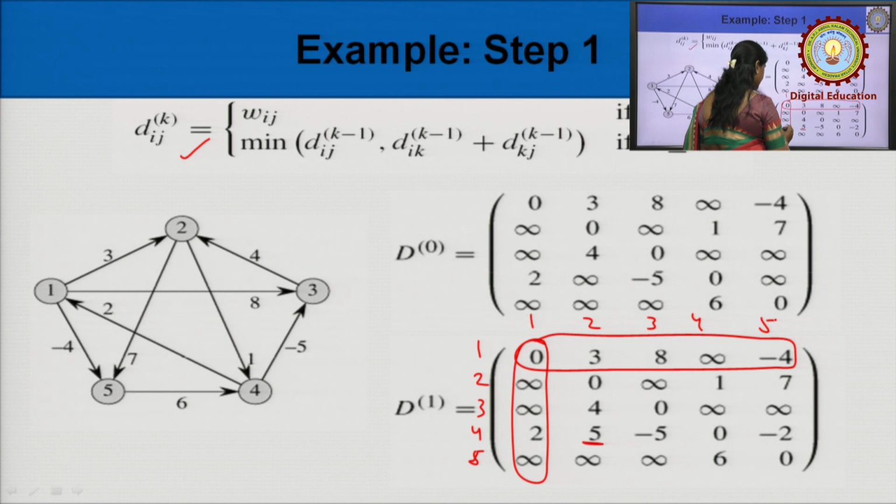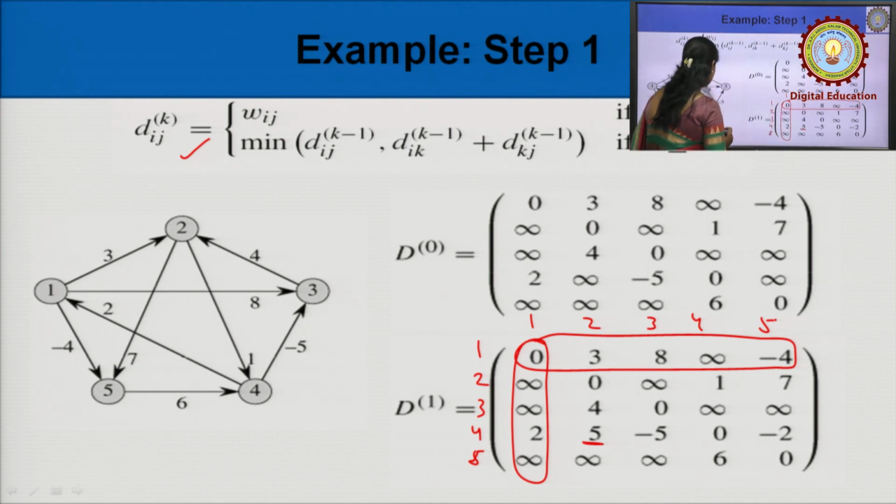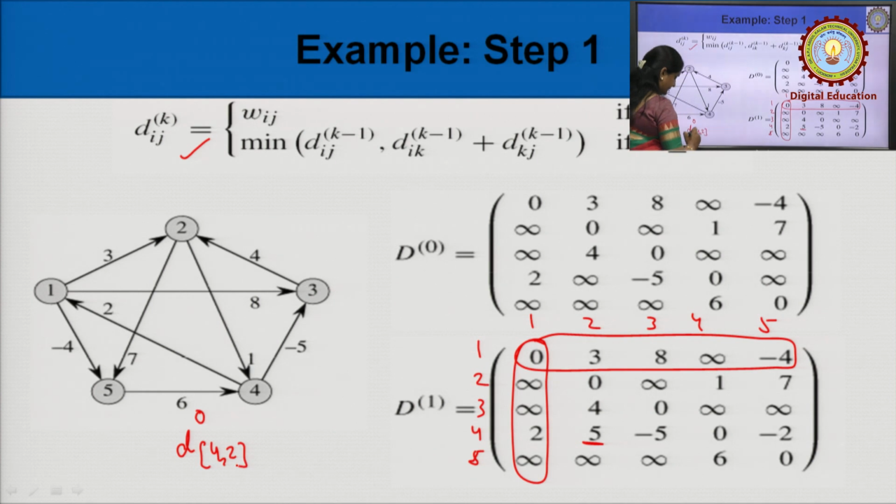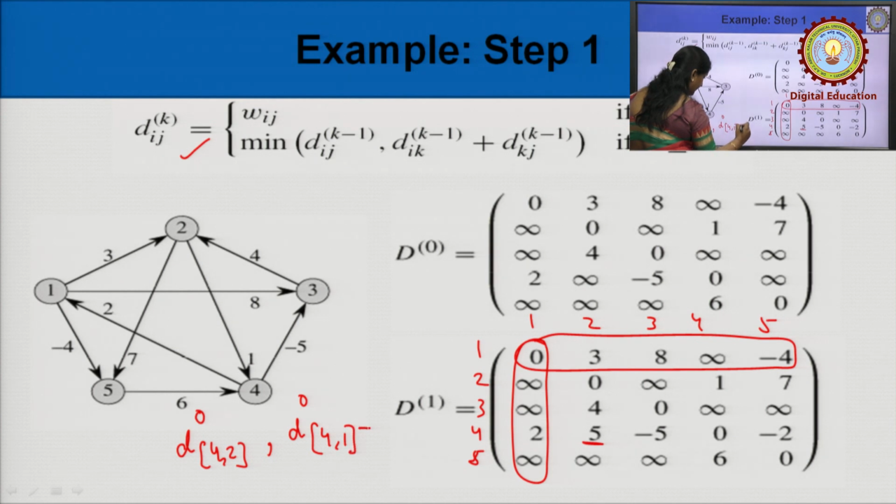So, calculate the value of 4, 2. Just see the 4, 2 value from the previous matrix, and put the intermediate vertex. The intermediate vertex is 1, that means 4 to 1 plus 1 to 2.